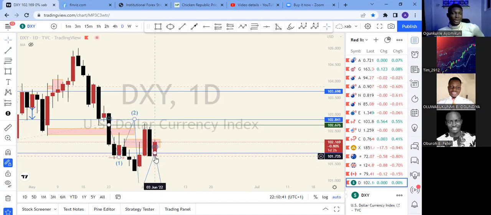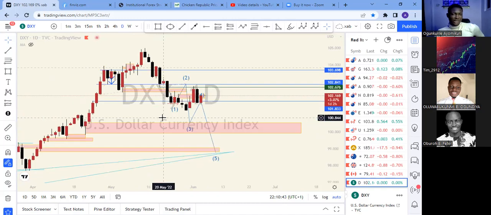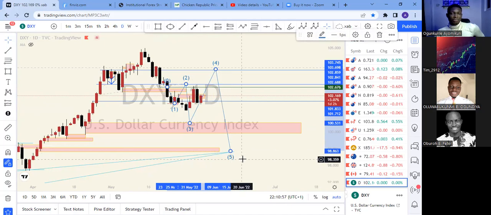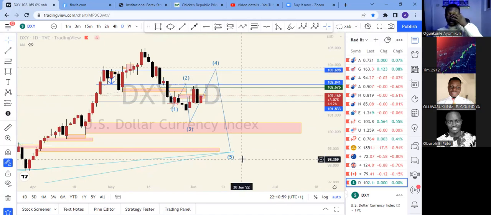So we could see the dollar get stronger, probably to come into this level, before a drop. So that's my expectation for the dollar: a stronger dollar overall for at least a couple of days.